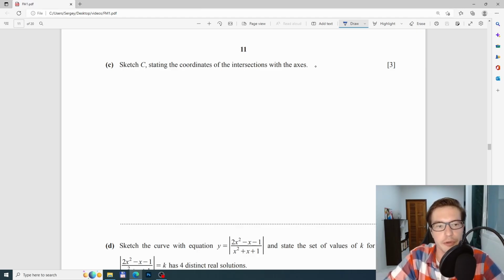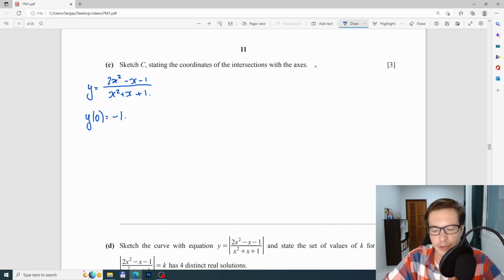Let me again quickly copy the equation of our curve, which is 2x squared minus x minus 1 over x squared plus x plus 1. Let's start with the easiest one and find y of 0. That's going to be minus 1. So the intersection with the y axis is 0, minus 1. Let's find the intersection with the x-axis. That happens if y equals 0.